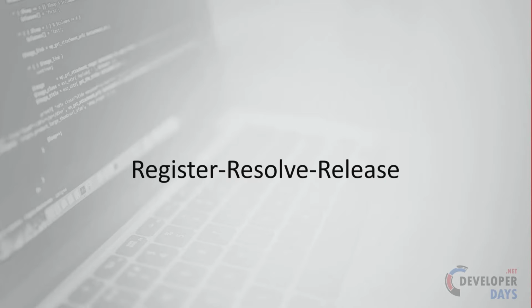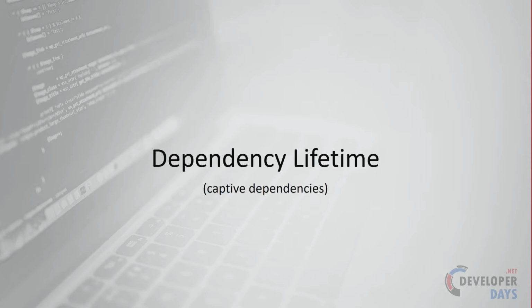Because it might be the case that one of the dependencies is a so-called leaky dependency, or it should be released explicitly, maybe holding some external connections or some disposable dependencies also. So this is a really important thing: everything you resolve, you have to release as well. This is a really good way to follow.